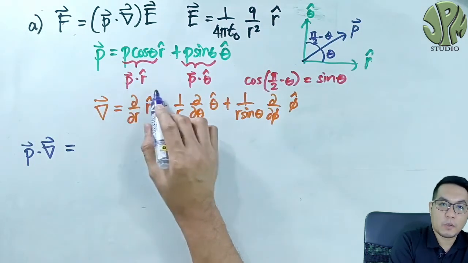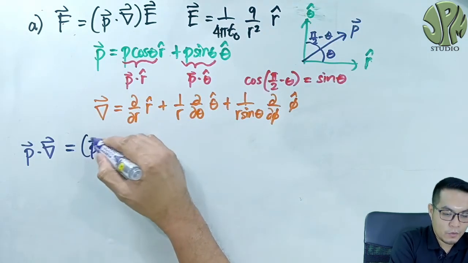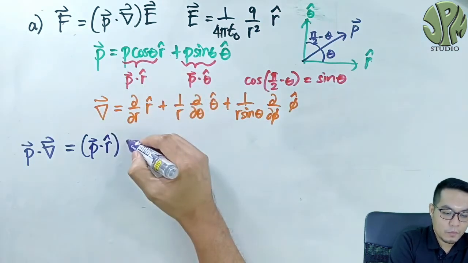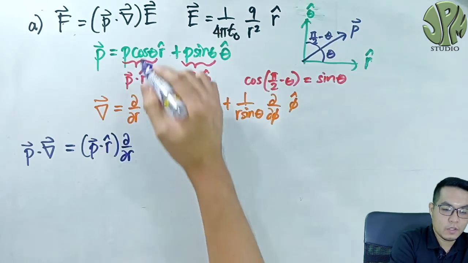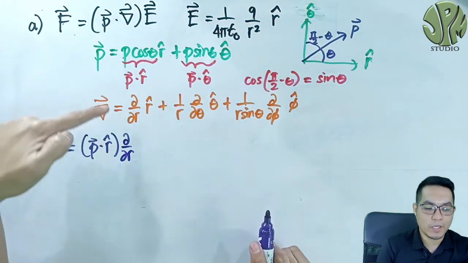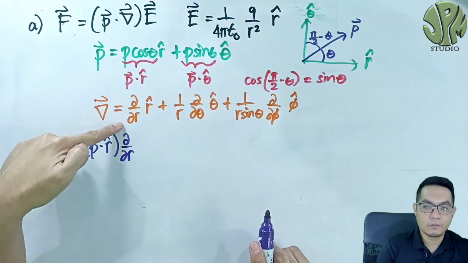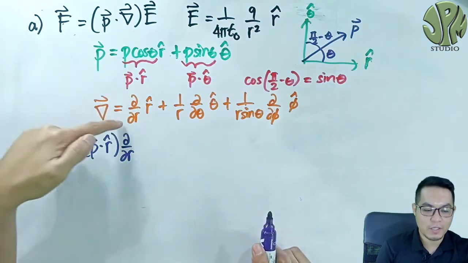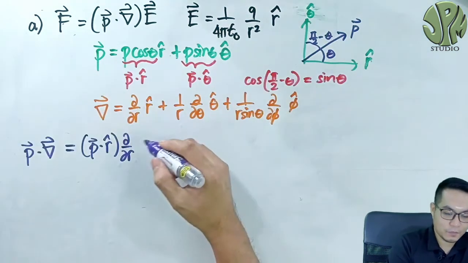I'm just going to use the coordinate free form. So p dot r hat, and then partial with respect to r. Take note, the order is important here. You first write the component of p and then the component of the del operator, not the reverse, because if you do the reverse, that's actually the divergence.